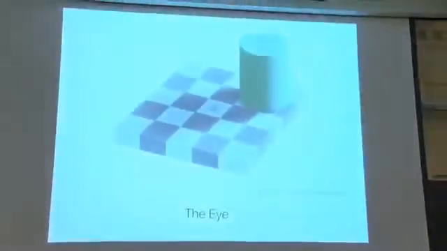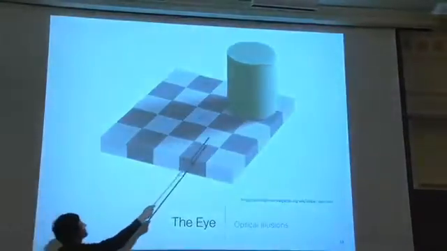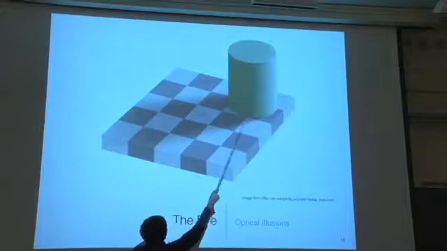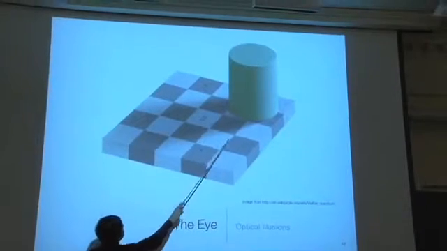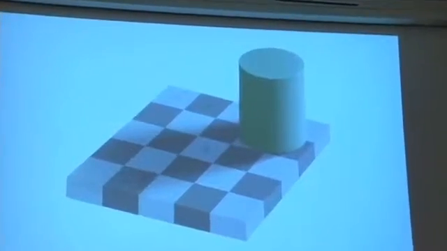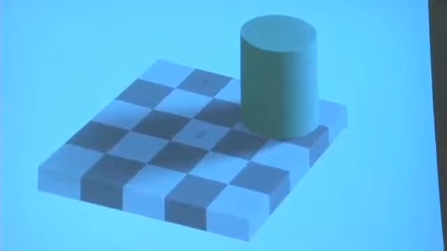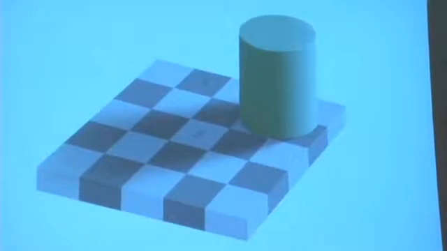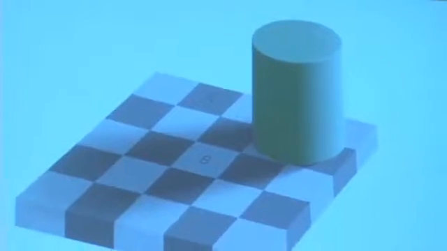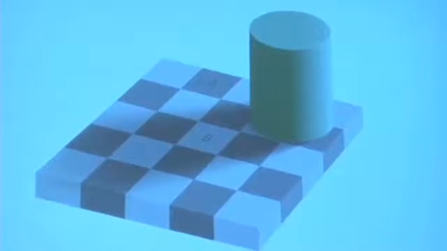You'll notice that there is a tile floor and there's a cylinder resting on it. There's a light on the far right, casting a shadow of that cylinder onto the tile floor. And you'll notice that 2 of the tiles in particular are labeled A and B. A way up here, B right here. Now, the neat thing about this optical illusion is that it's not really as it seems.